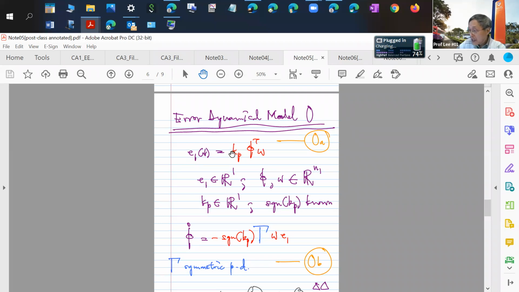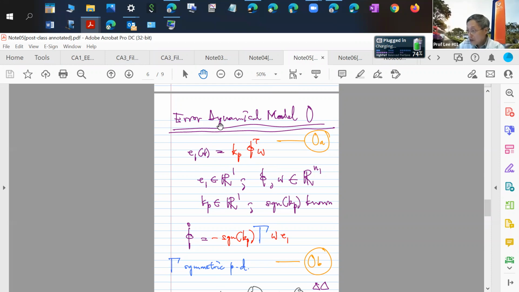But here E1 goes to 0, and you see, this is so direct. Kp is just a number. E1 is going to 0. The signals in omega are all your signals. They are not 0 because you are generating them. Somehow, some way, you're generating them. And yet you cannot say anything about the parameter phi going to 0. And you can see why.